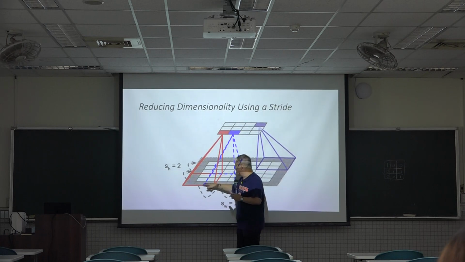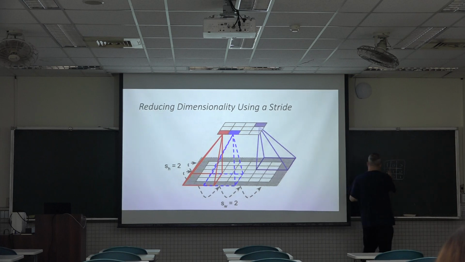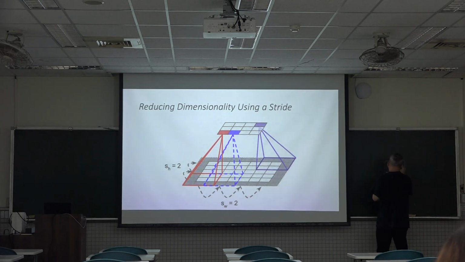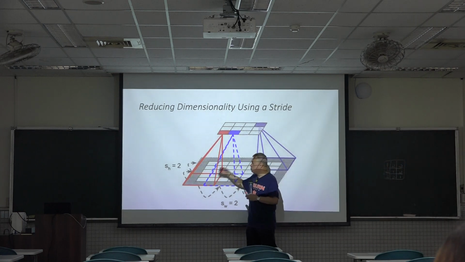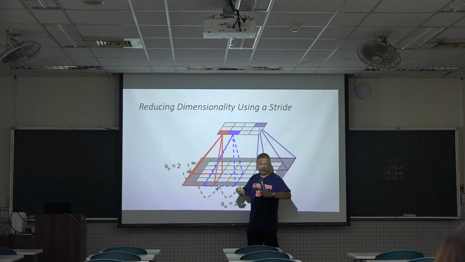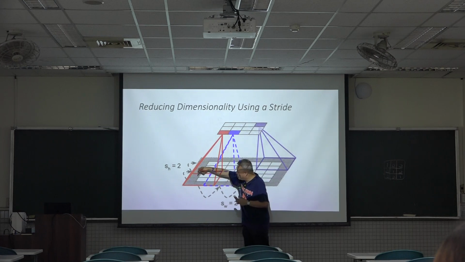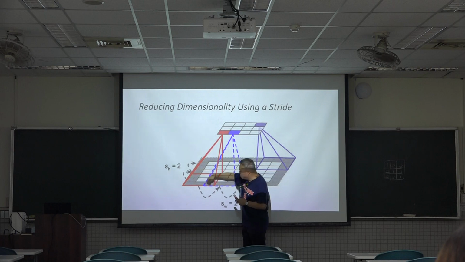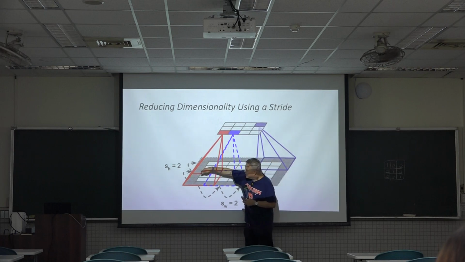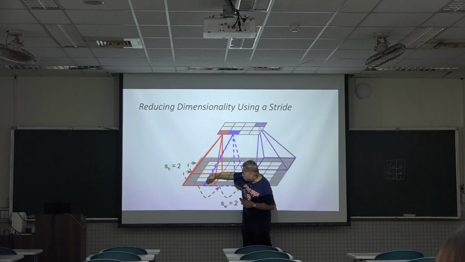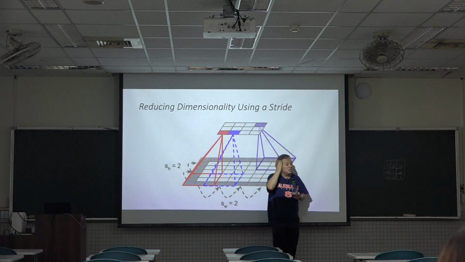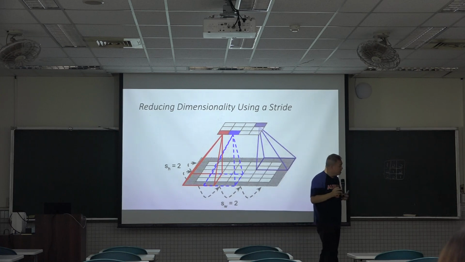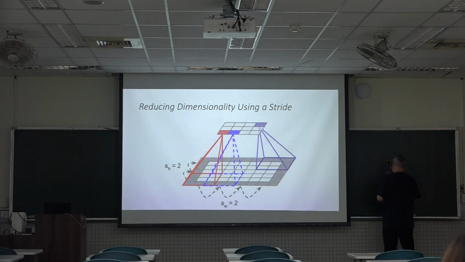The other ones are all 0, so when you multiply the other values with the filter, they all become 0. So when you multiply this area with the filter, what you get is the sum of this diagonal, and then you put that value here. So this is the filter.